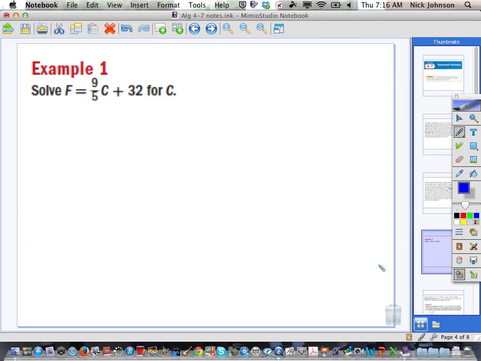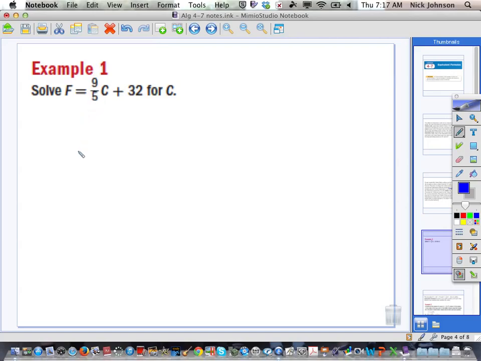So let's look at example 1. Solve F equals 9/5 C plus 32 for C. As I said before, they changed 1.8 to 9/5 just to make it easier.